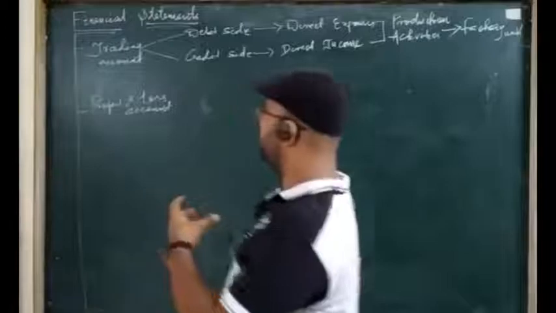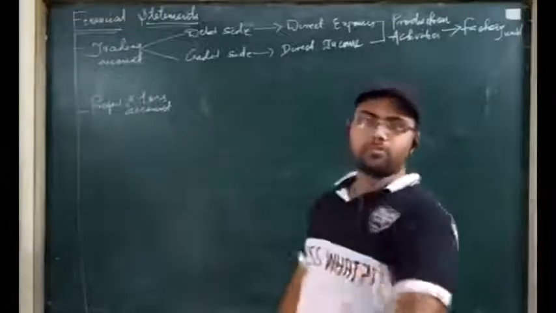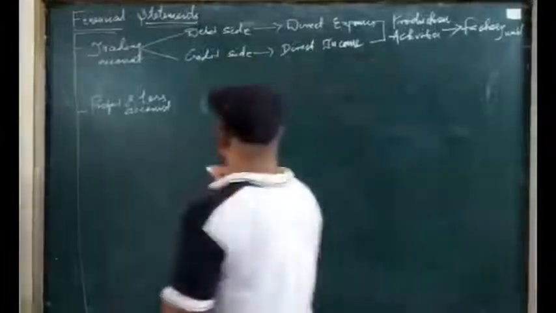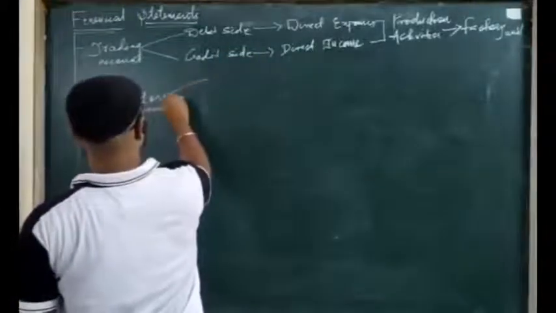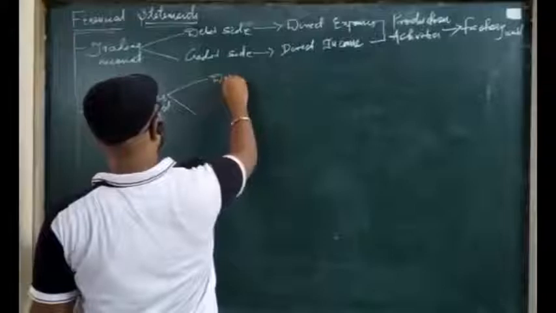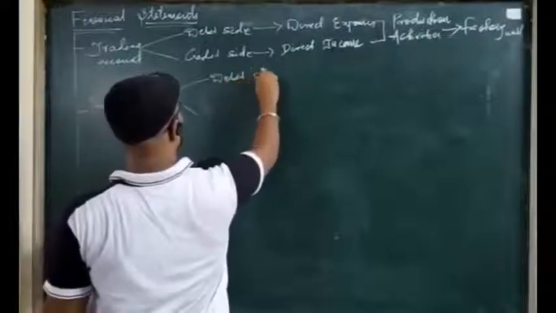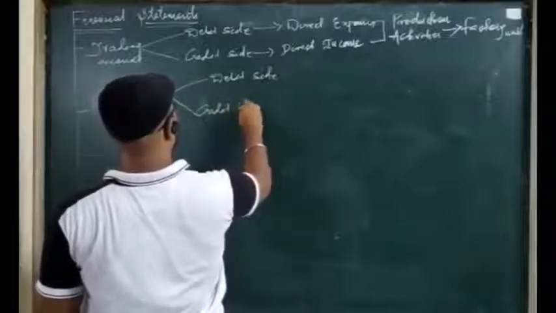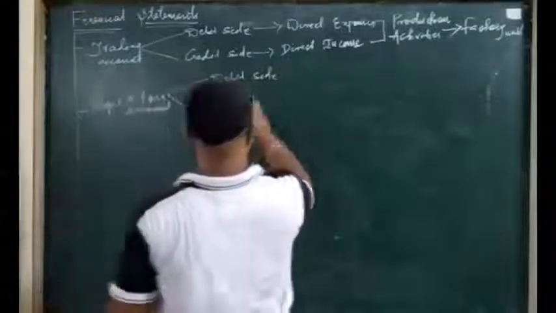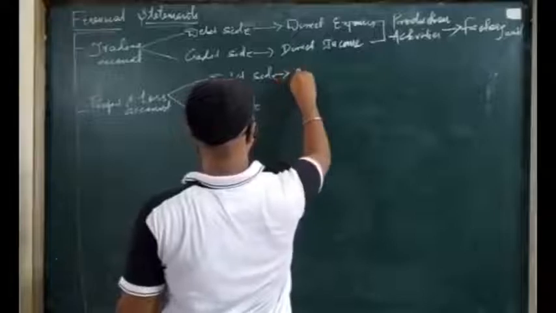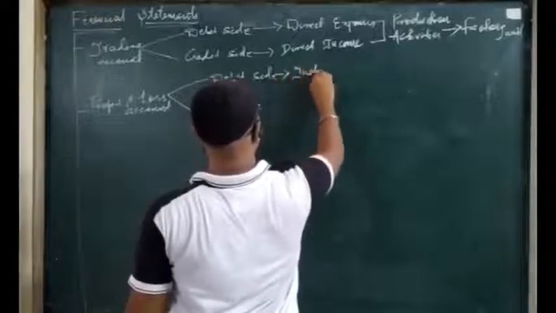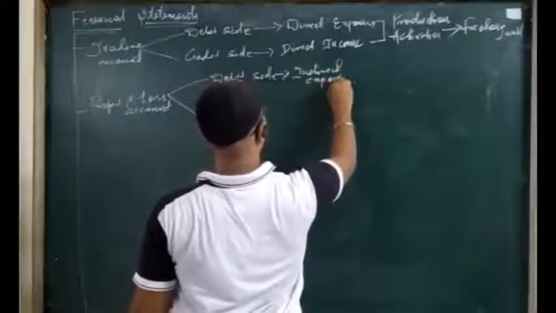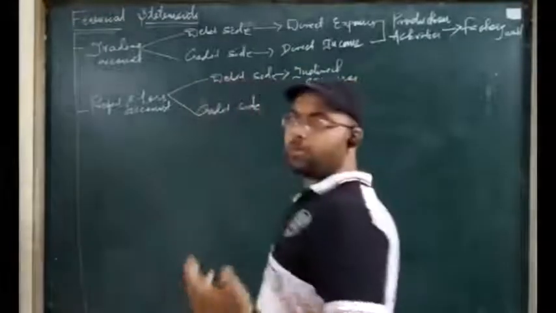Similarly, we will go with the profit and loss account also. I am telling you in a theoretical way, so I am writing account in full, but you can write account as A/C, as you know very well. The profit and loss account again has the same 2 sides, debit side and credit side. In the debit side you write indirect expenses, and you know the meaning of indirect expenses.